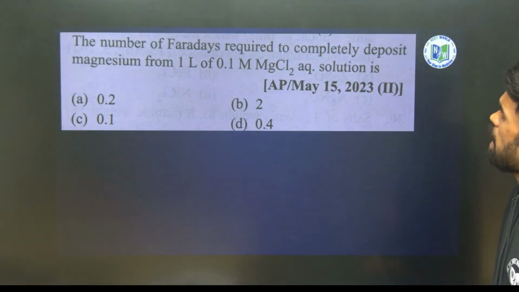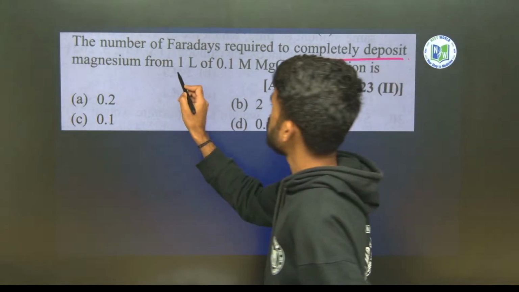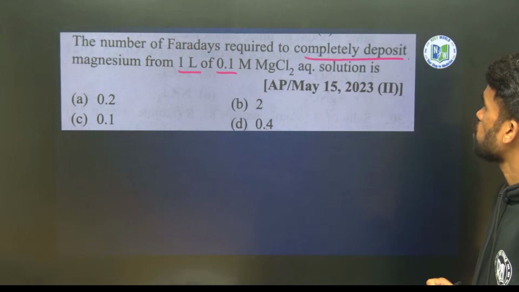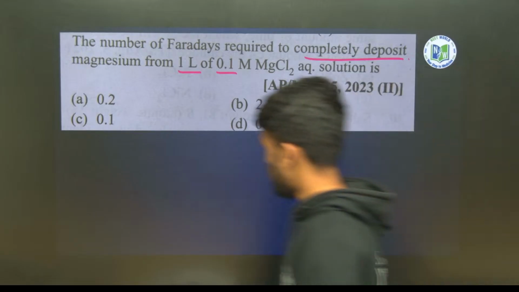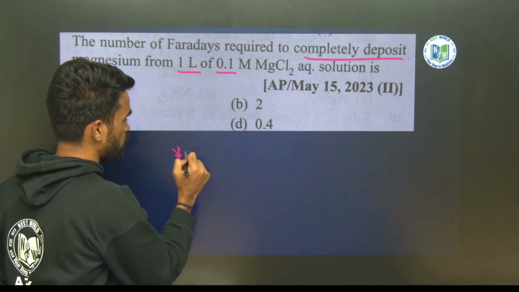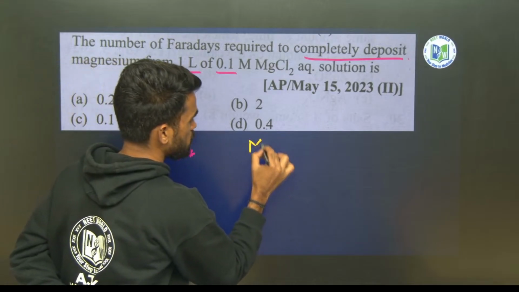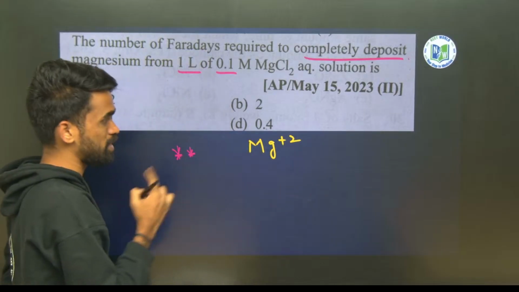The number of Faradays required to completely deposit magnesium from 1 liter of 0.1 molar magnesium chloride aqueous solution. So tell me, how can you do this? See, every time just remember this point. To deposit magnesium, if an ion is in cationic form, magnesium here is in +2 oxidation state.